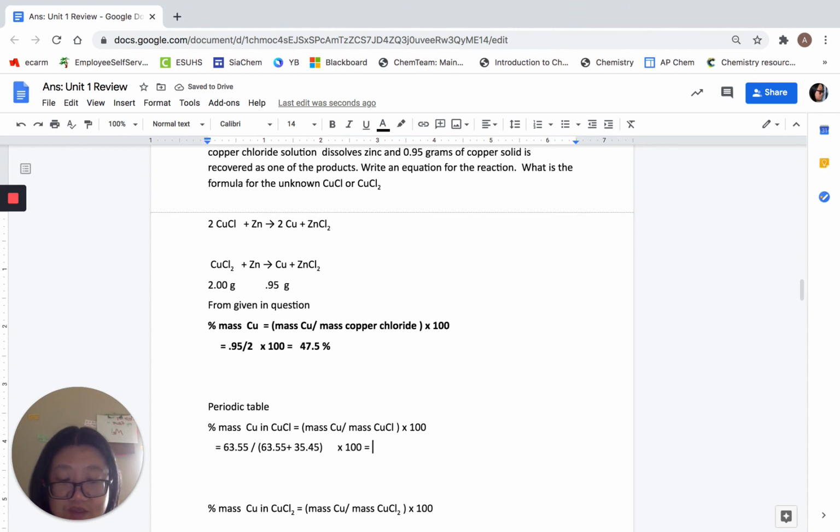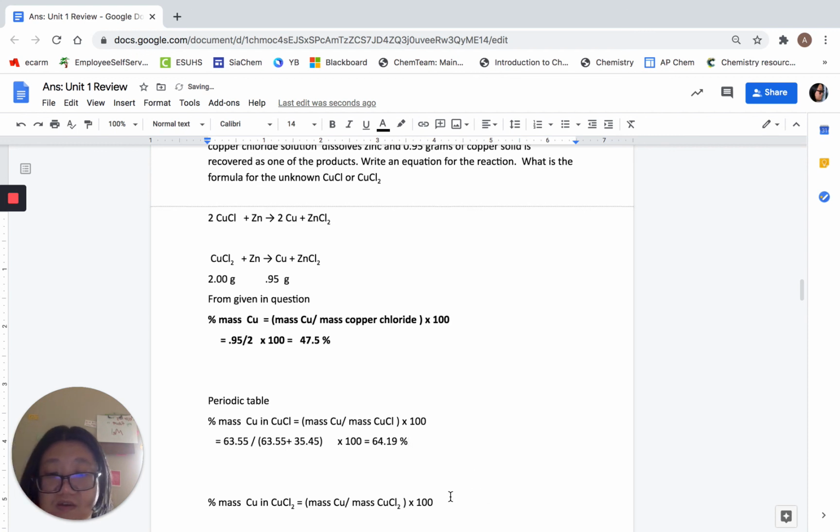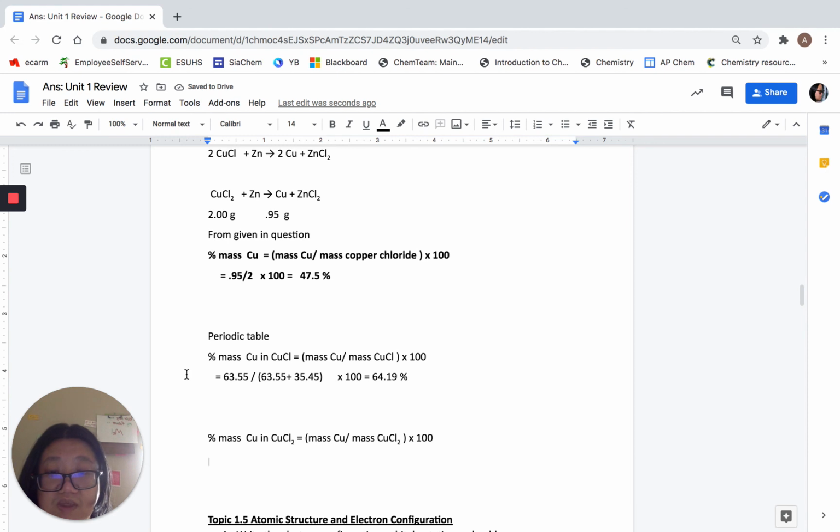So 63.55 over 63.55 plus 35.45, we get 64.19%. Then we do the same thing with this one, except it's CuCl2. So that means down there, it will be times 2. That's the different part.